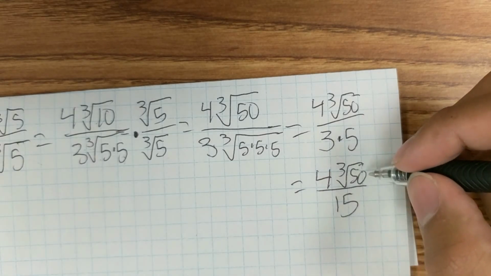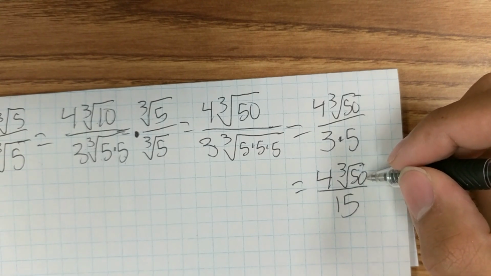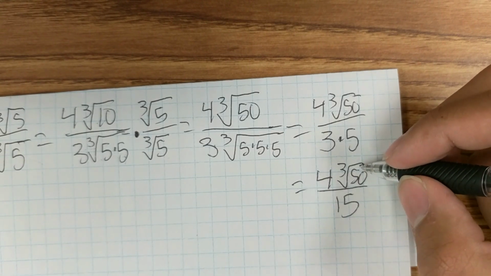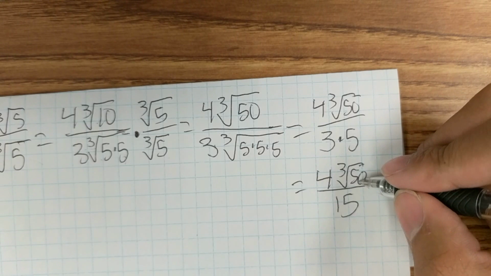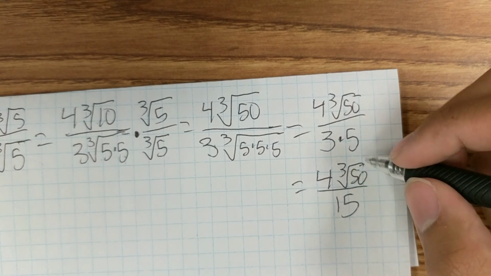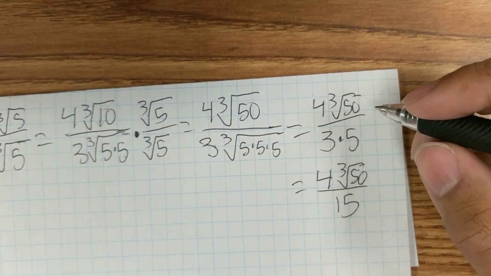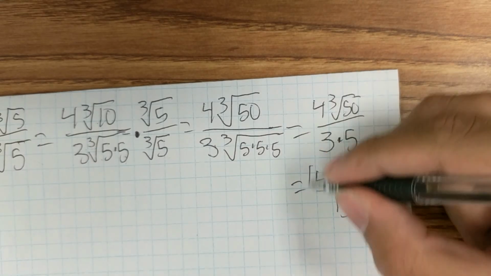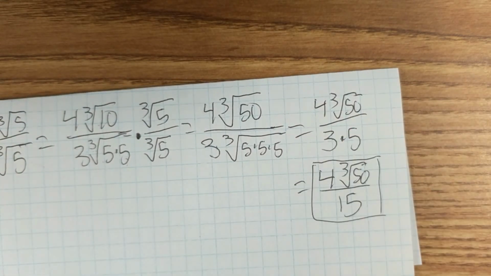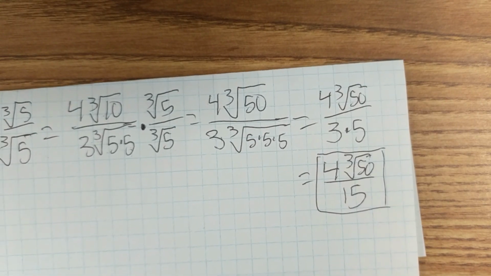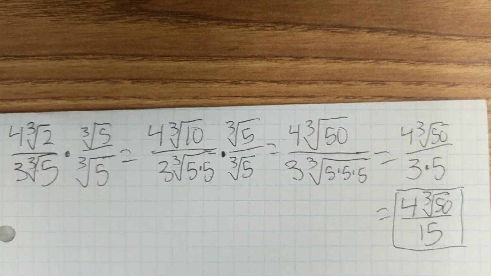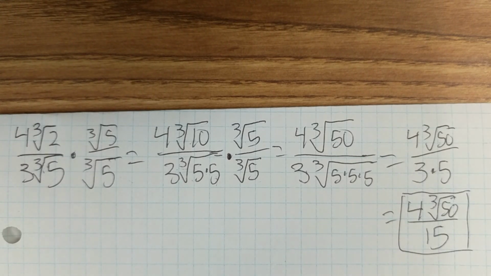So some of you may have been tempted to split it into 25 times 2, but remember 25 has a square root, but we need a cube root, something used 3 times, not twice. So we can stop right here. Okay, so here's the whole problem.